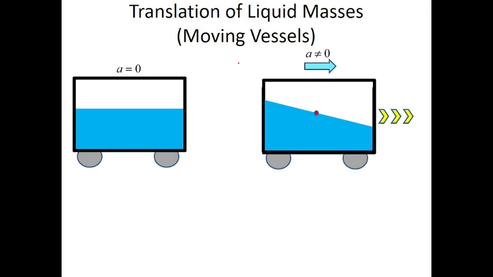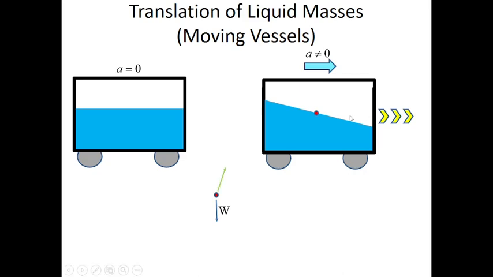So in this case, let's consider a particle of the liquid. Let's say this point is the particle of liquid. Considering that point, we consider all the forces acting on it. First, that particle has weight.